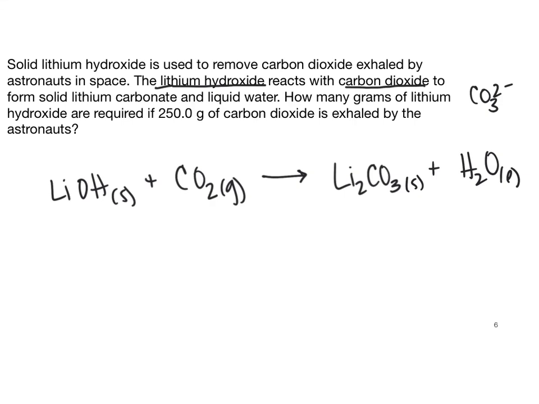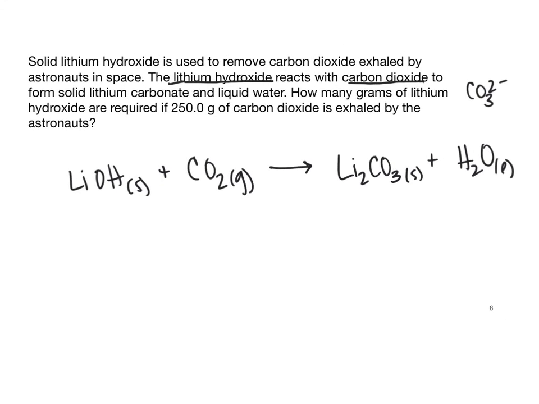We should double check if this is balanced. There are 2 lithiums on the right side, so we'll drop a 2 here. Now we have 2 lithiums, 2 hydrogens, and 2 oxygens. So far that looks totally balanced. Now we have a balanced chemical equation.